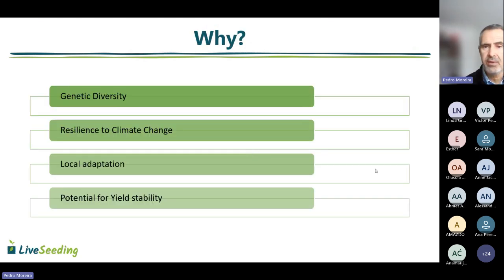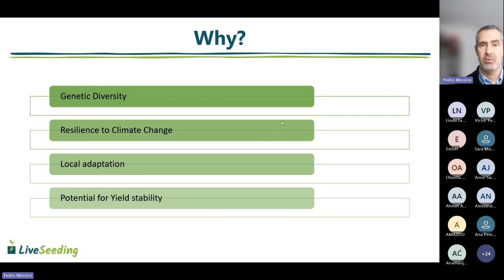So one of our questions is why we are using the CCPs or the synthetics. We use them because of the genetic diversity, because of the resilience to climate change.